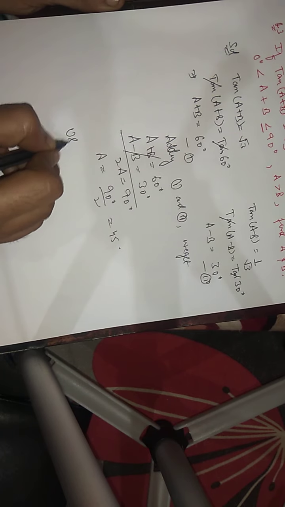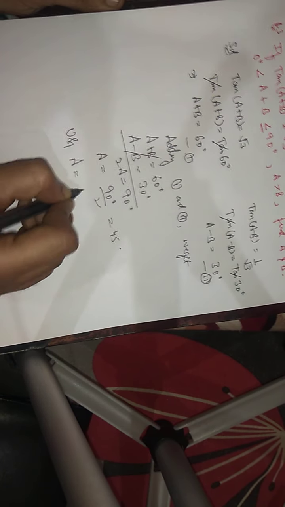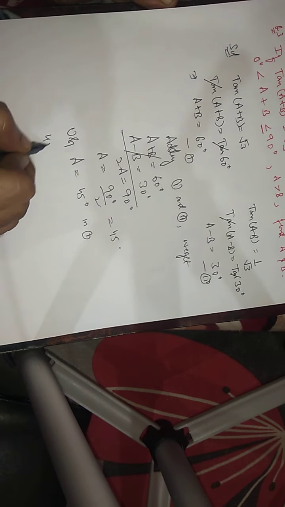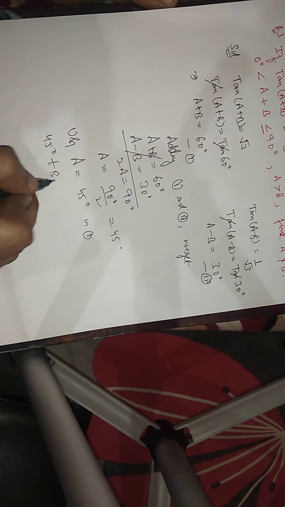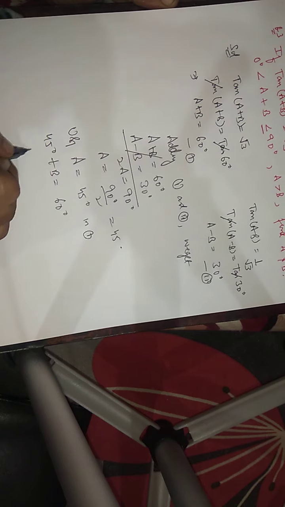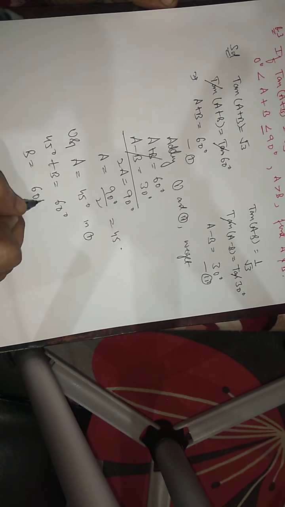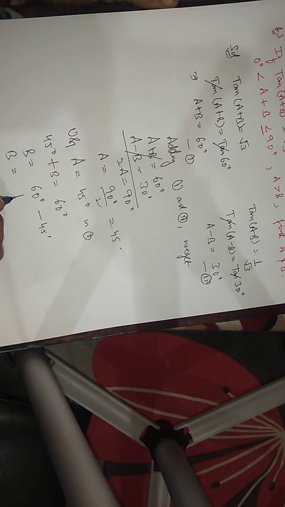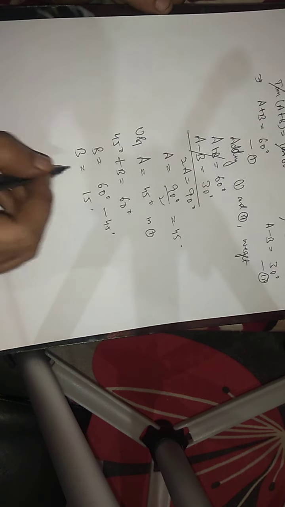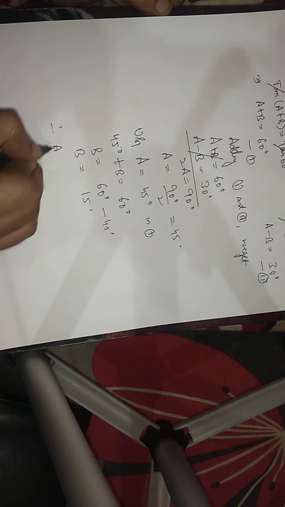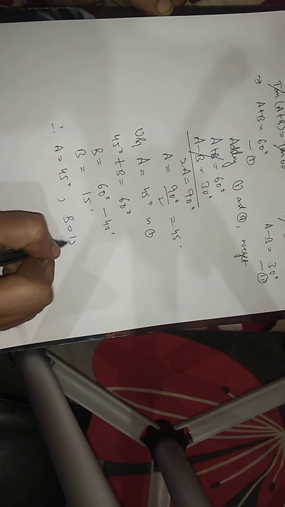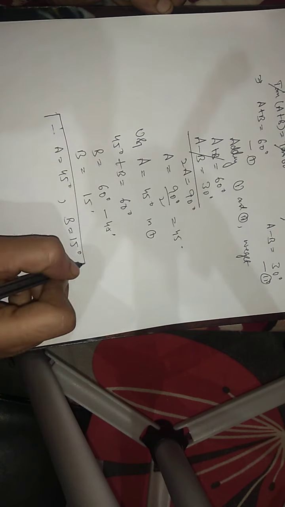So using A is equal to 45 degree in the first, it gives 45 degree plus b is equal to 60 degree. So b is equal to 60 degree minus 45 degree, so the value of b is 15 degree. So the value of a, what we have obtained, is 45, and value of b is 15 degree.